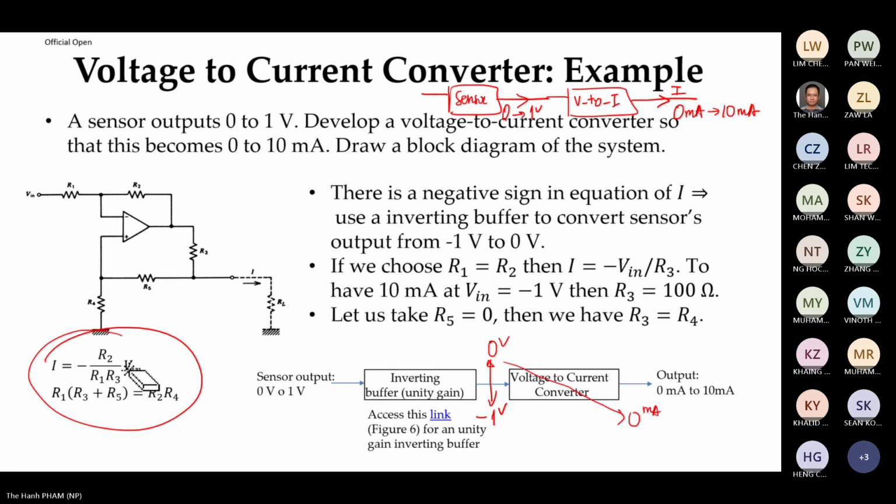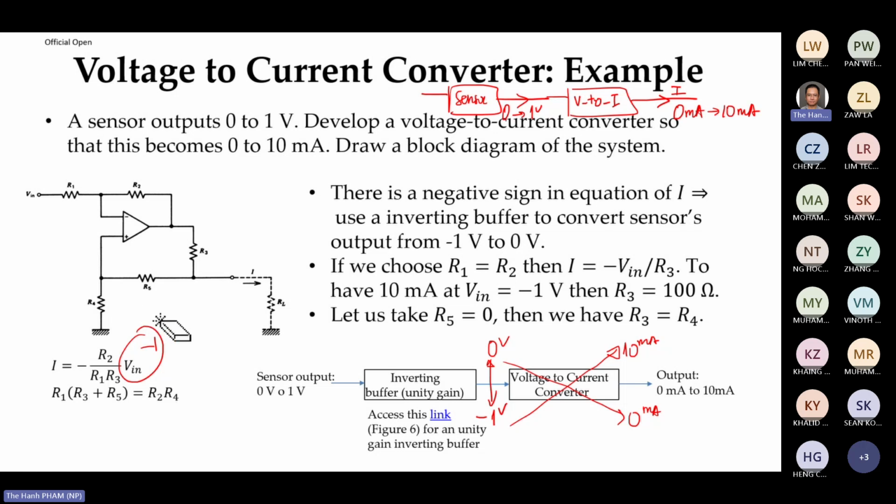Obvious, right? When the V in is 0, 0 times something should be 0. Then when the voltage here is minus 1, this minus 1 multiplied with minus should be plus, right? So the minus 1 here will be mapped to 10 milliampere.